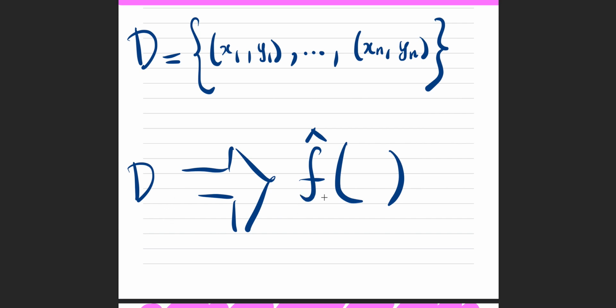But we know what we will learn is not going to be that unknown f, which maybe if we had an infinite amount of data we could estimate, but since data is limited, we get something which we call f hat. It's supposed to represent the estimate of that unknown function.